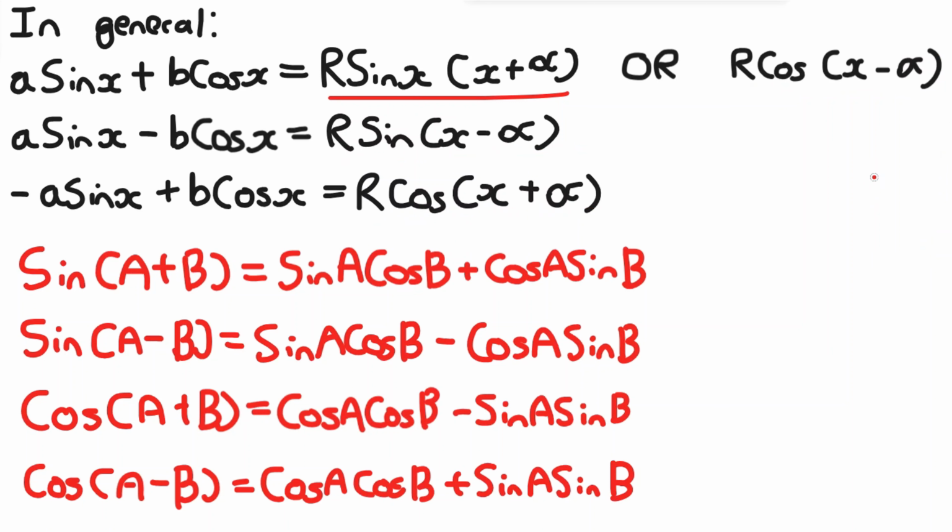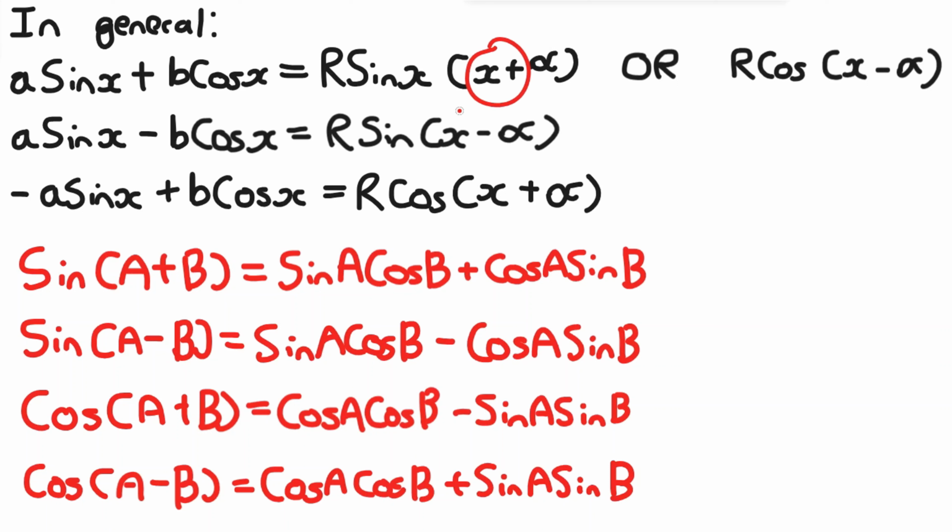In the really unlikely case that they don't tell you which of these to write it in, you still don't really need to remember this because you can work it out using the addition formula that is given to you in the formula booklet.